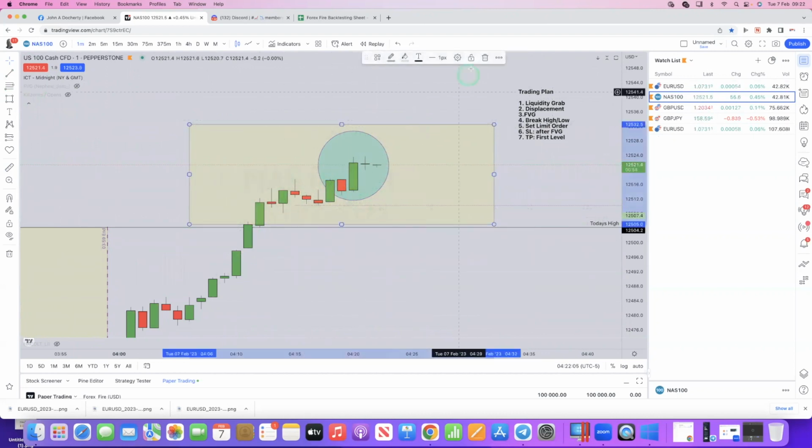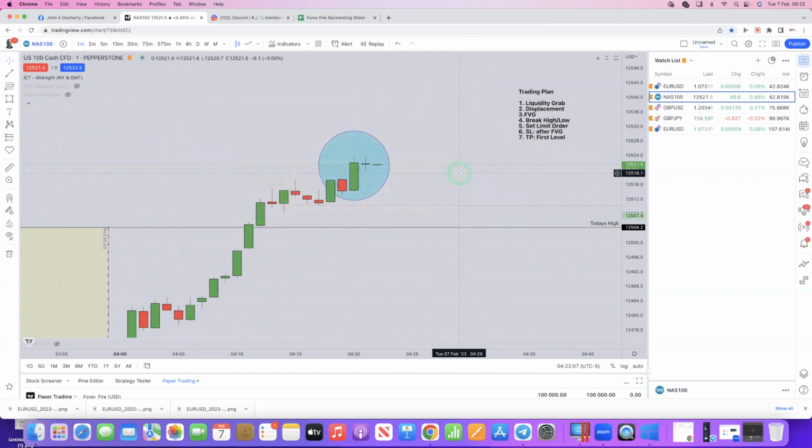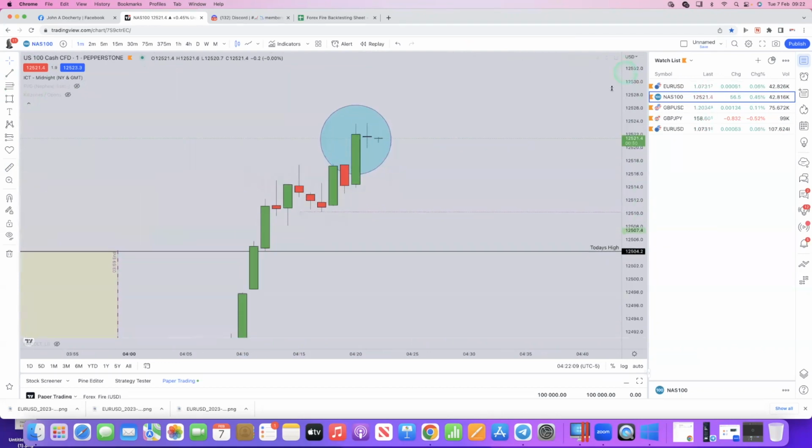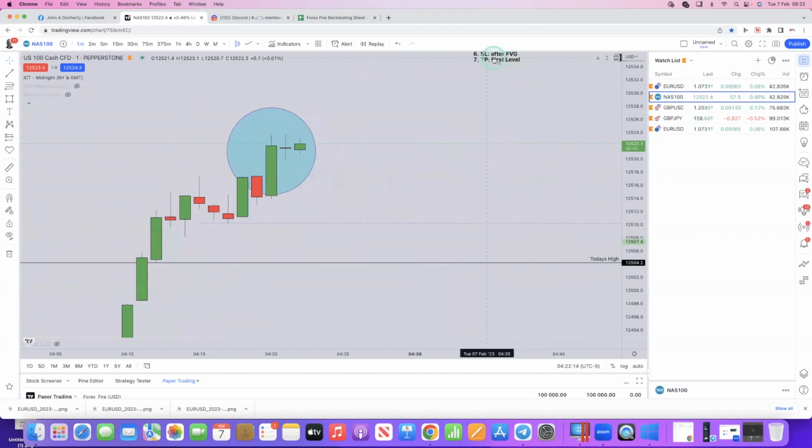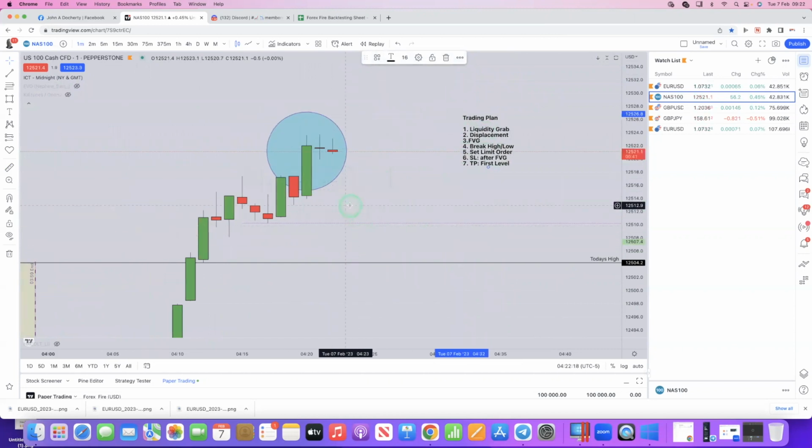So again, like I say, I'm just trying to be as visual as I can, trying to make these candles as big as I can. And then I'm just waiting for that candle pattern to emerge to be able to get the displacement. Let's have a look.